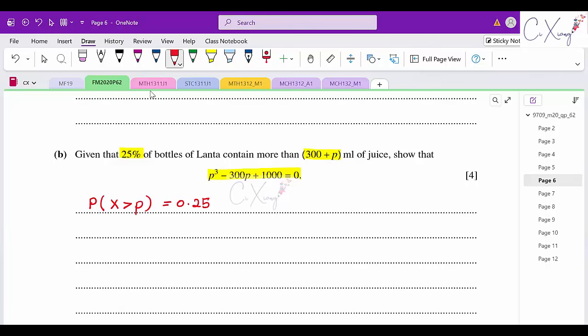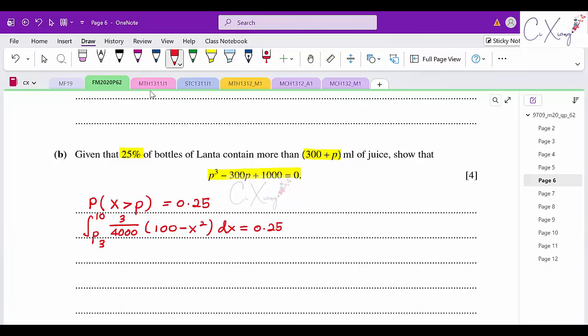Then again, how do we get the probability here? You have to integrate. So I have p as the lower limit, and the upper limit is 10 because the maximum x can go up to is only 10. Again, integrate the particular function, the PDF, 100 minus x squared, and it equals 0.25.